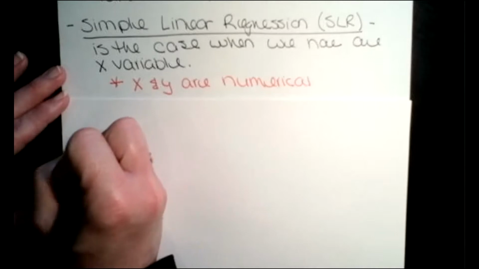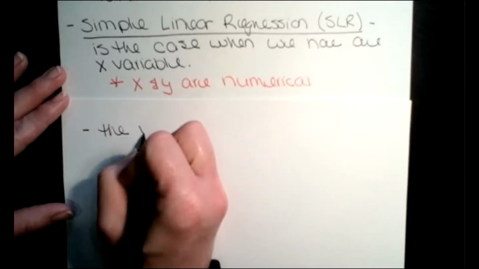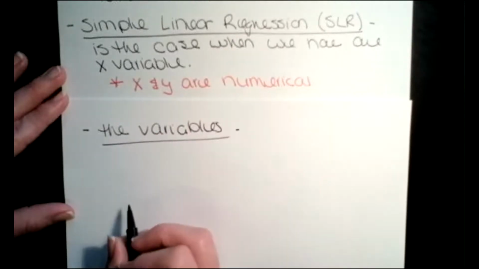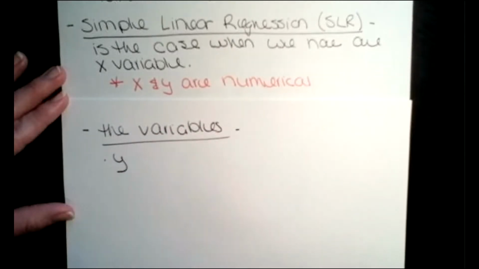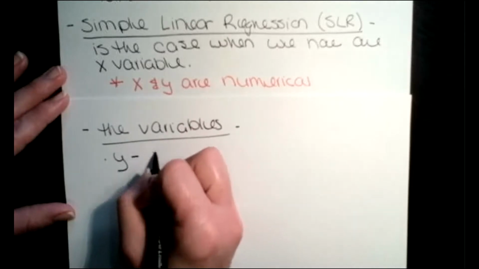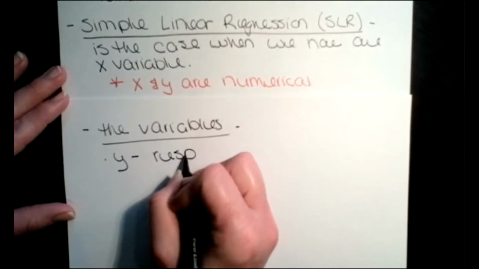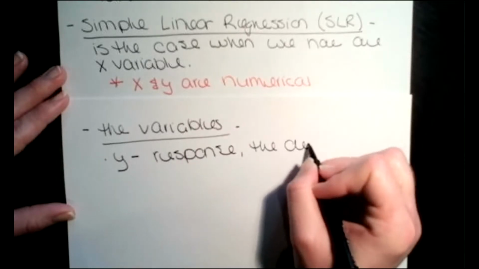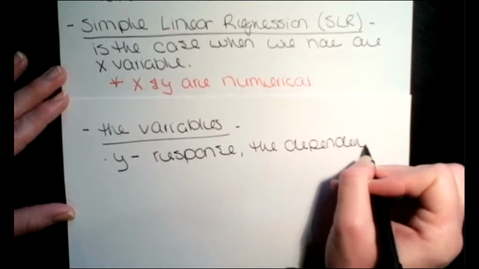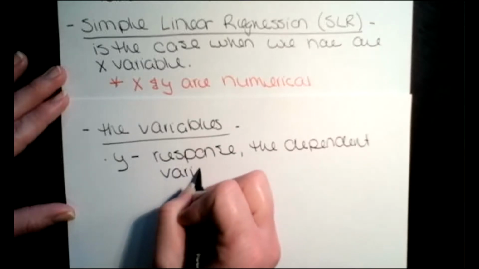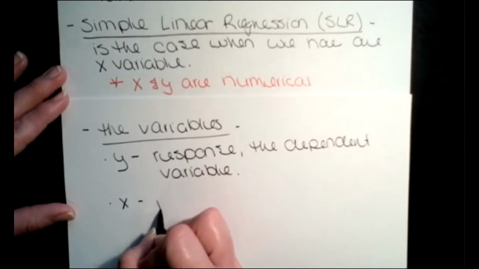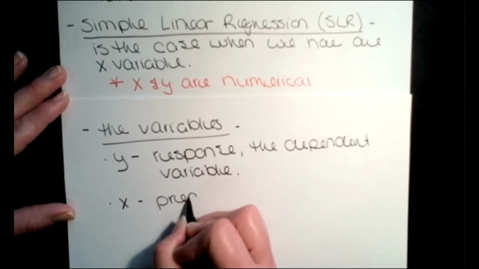Okay, so we have the variables and we need to know what these variables are, right? So we have our y variable. The y variable is what we call the response variable. This is the dependent variable. Then we have our x variable, and we call this the predictor.